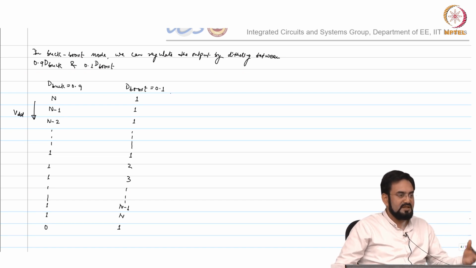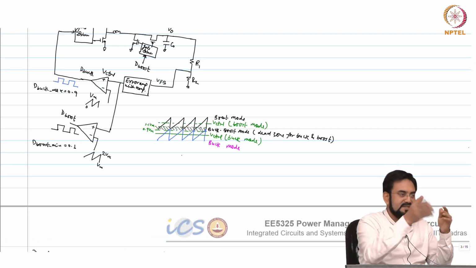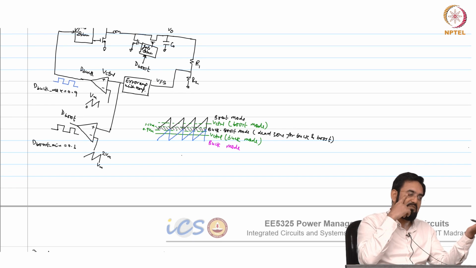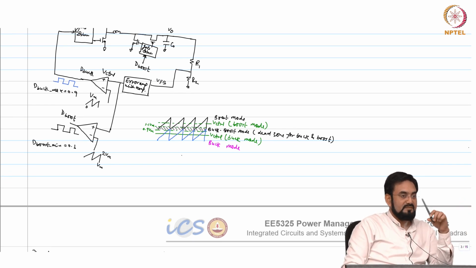So this range will be sliced into your fine resolution, 1 LSB. Each LSB will depend upon the number of bits you are using.